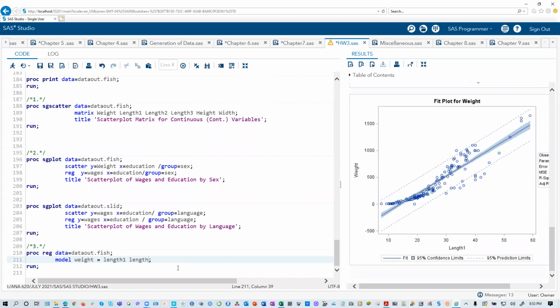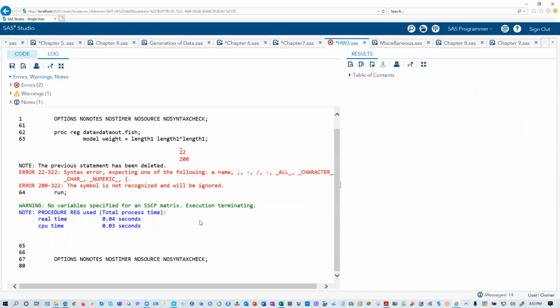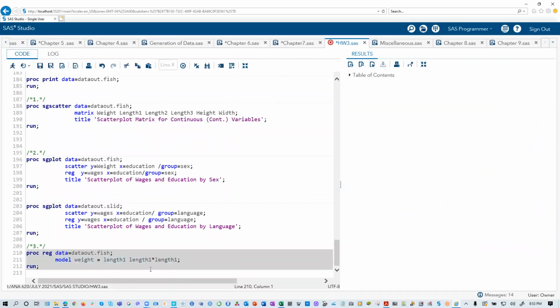We should use another kind of fit model, or make a modification and see what's going to happen. Yeah, that's what I'm trying to do. I'm going to add another x squared term and see how it affects our R squared. What happened? Length 1 times length 2?